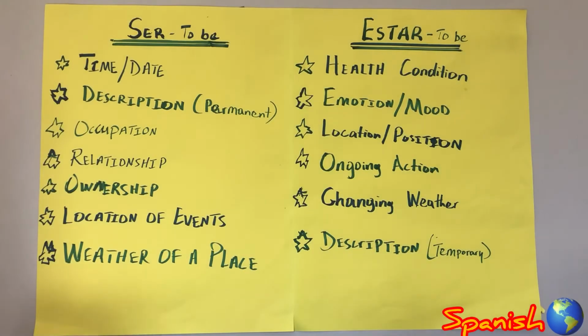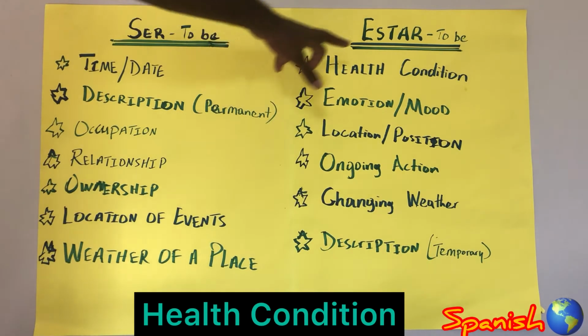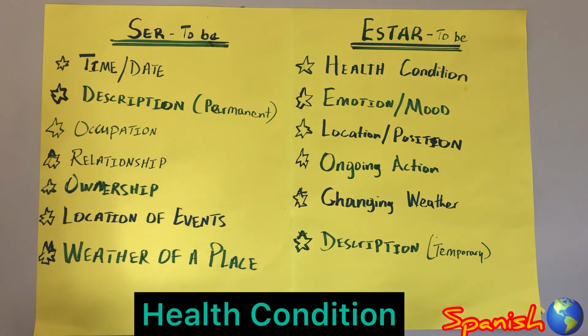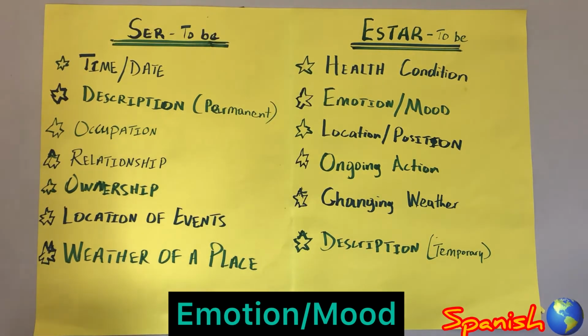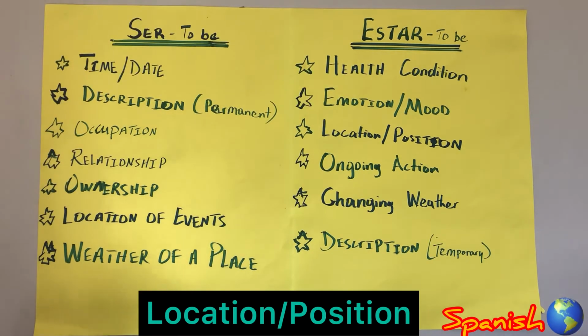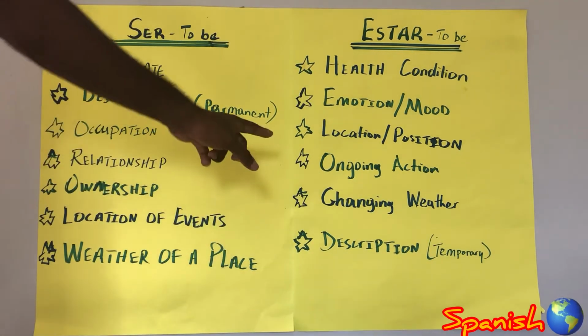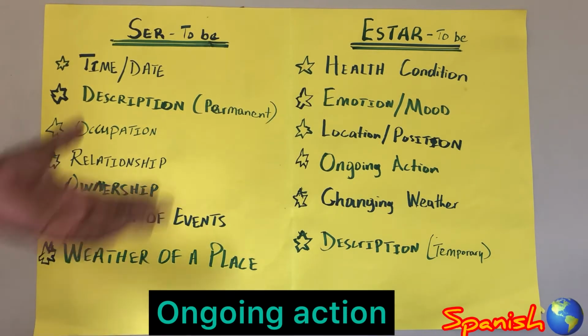You would use the verb estar in an instance or a situation or a case when you're talking about health condition, emotion or mood, location or position, ongoing action.